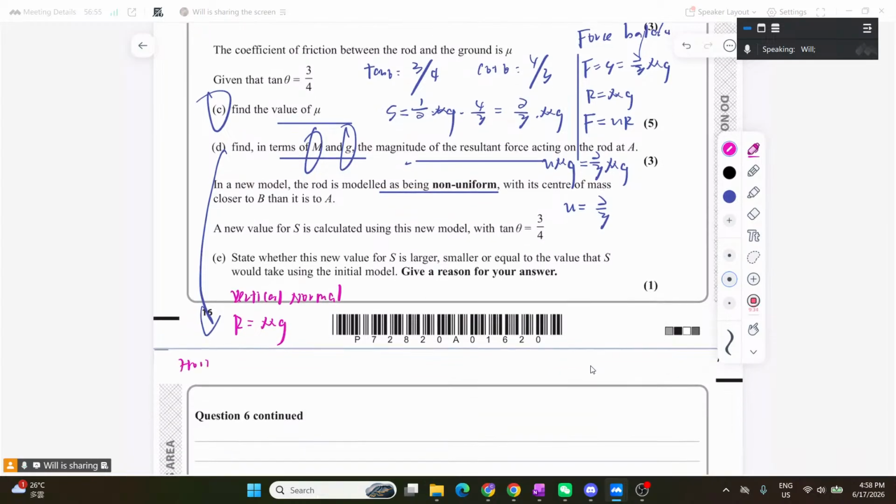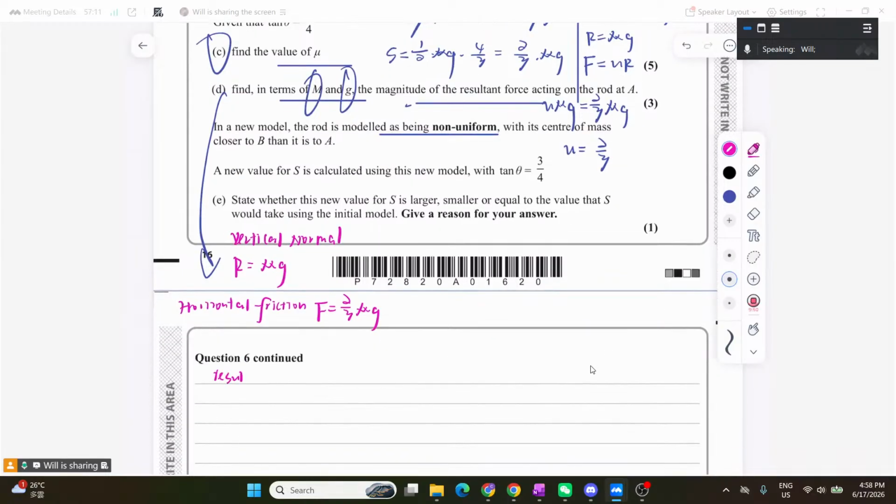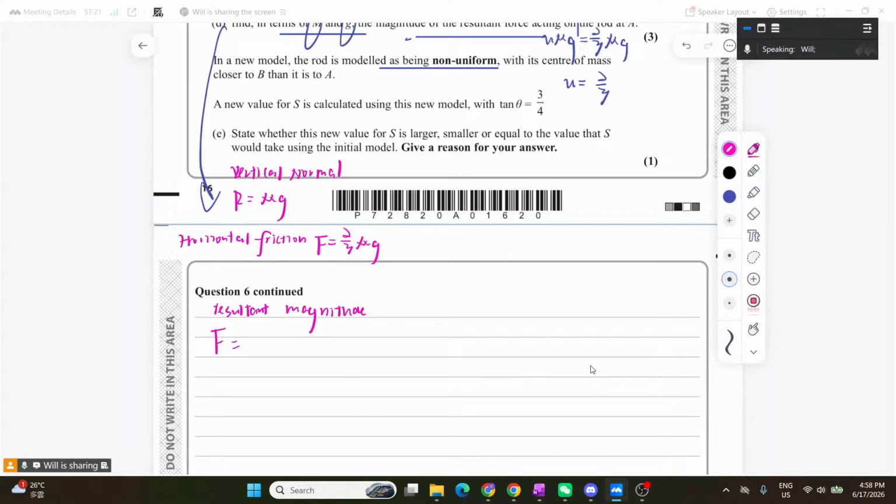Horizontal friction F equals 2/3 mg. The resultant magnitude of the force is the square root of mg squared plus (2/3 mg) squared, right?